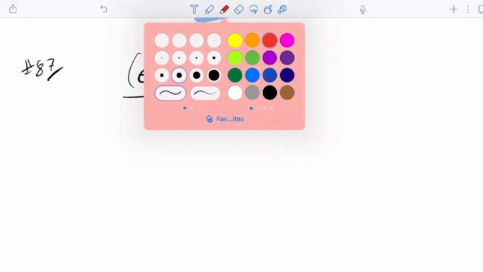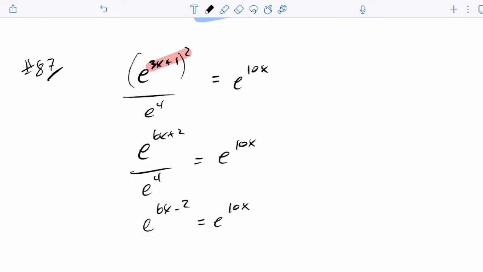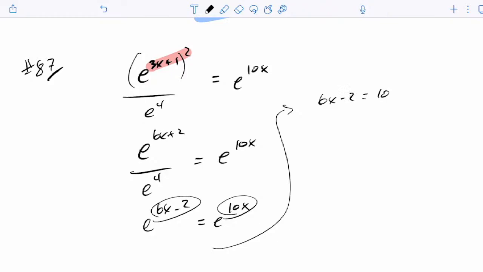Power to a power, you multiply, so this becomes e to the 6x plus 2 over e to the 4 is e to the 10x. Dividing with the same base, this becomes e to the 6x minus 2 is e to the 10x. Drop the base, 6x minus 2 is 10x, or negative 2 is 4x, or x is minus a half.